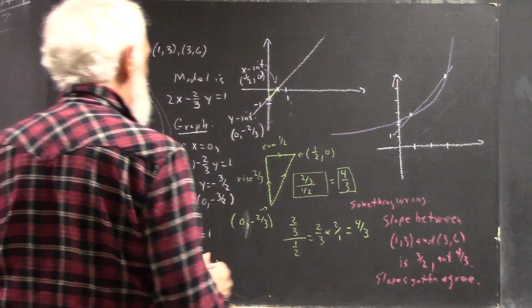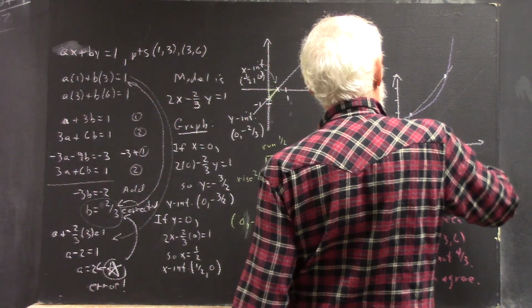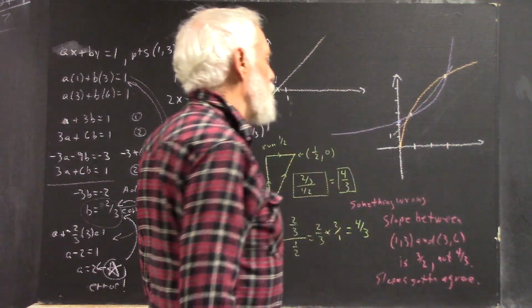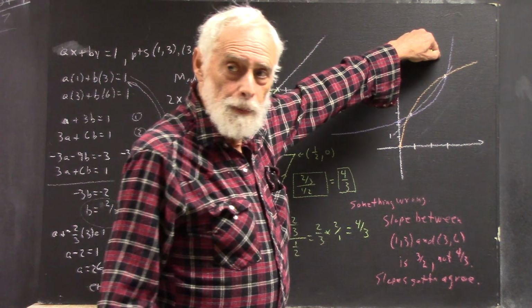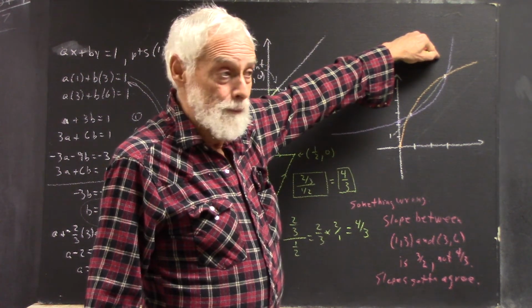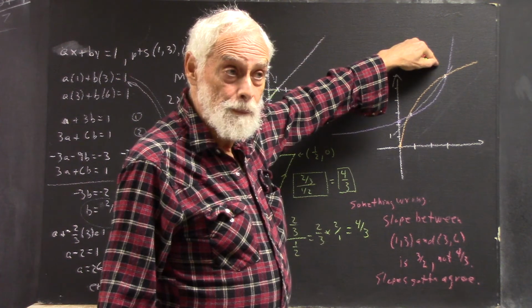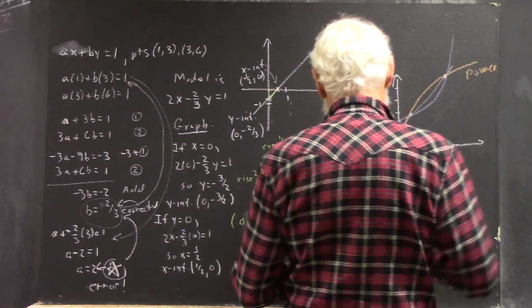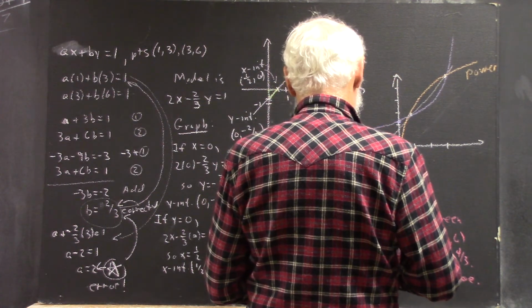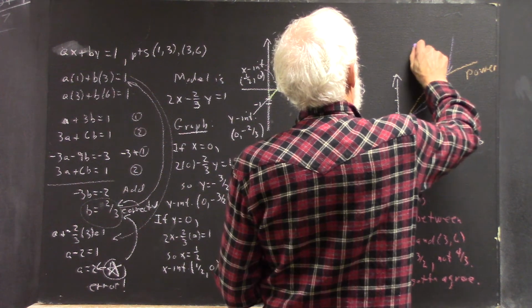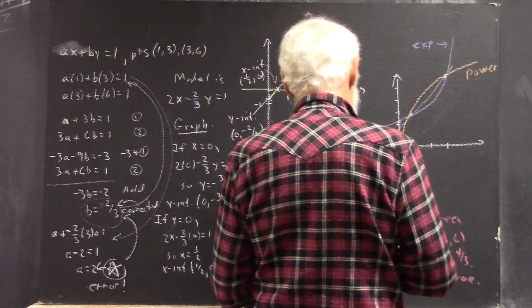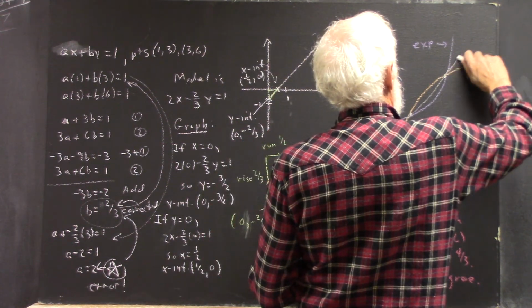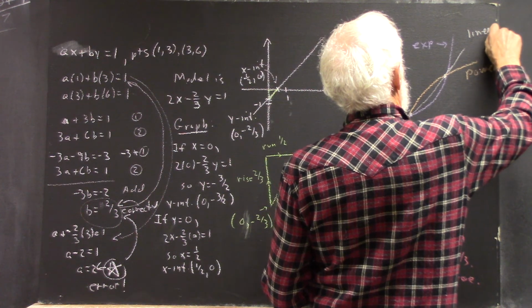Yeah, 3 times x to the 0.6. Well, that has to go through the origin, has to go through here and here. So, right there is a picture of the 3 functions that pass through these points. This is a power. This is exponential. And this is linear.